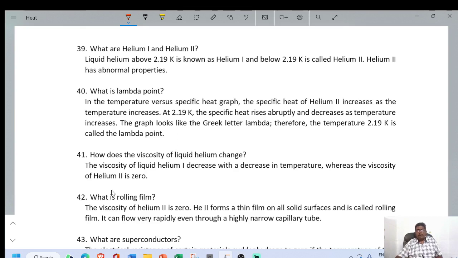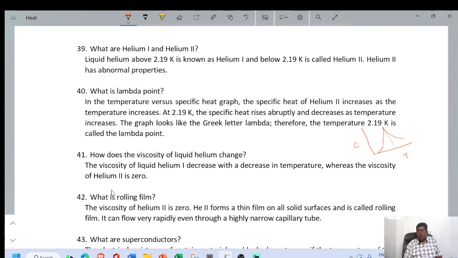What is the lambda point? See, this is the temperature versus specific heat graph. This is C, this is T. The specific heat of helium 2 increases as the temperature increases.